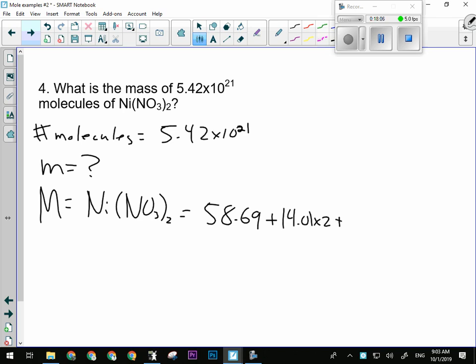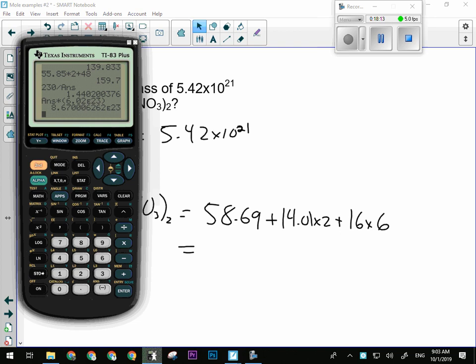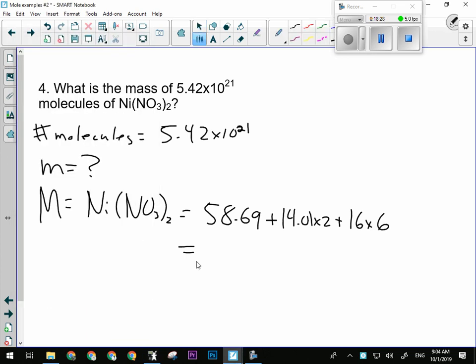How many oxygens? 6. All right, so 182.71 grams per mole. Okay, so that's our molar mass.